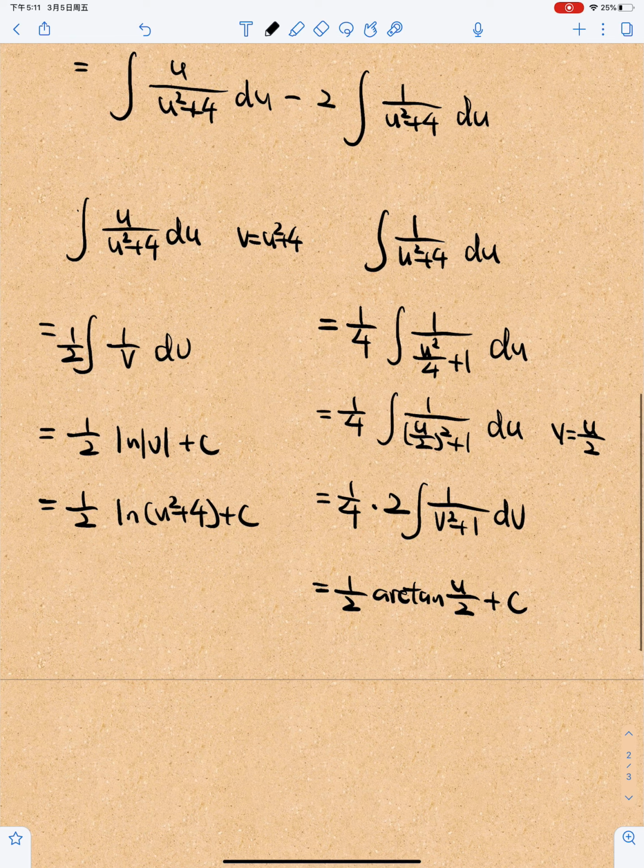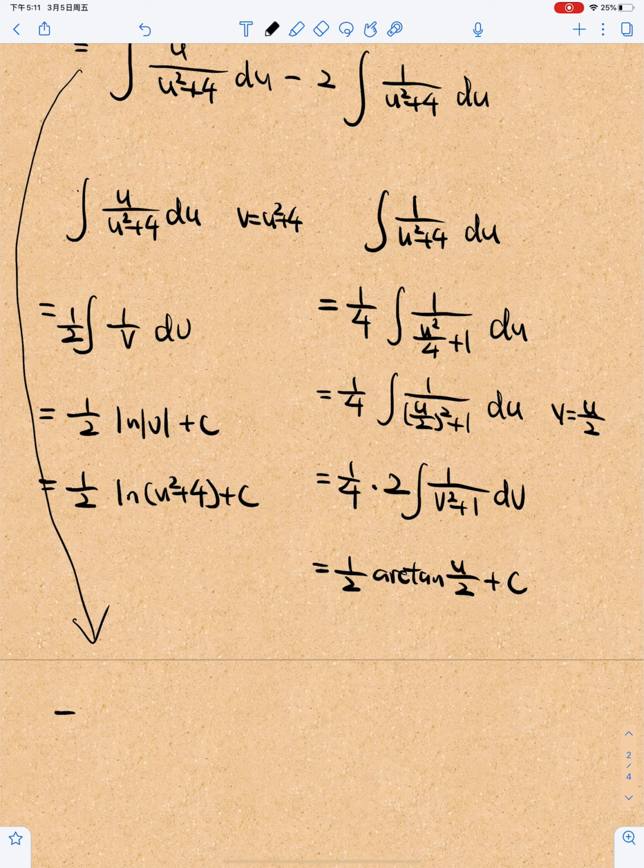Now we have both parts of the puzzle. The original integral that we started with becomes 1/2 natural log (u squared plus 4) minus 2 times the second part of the integral, so in the end we get 1/2 natural log (u squared plus 4) minus arctan (u over 2) plus c.